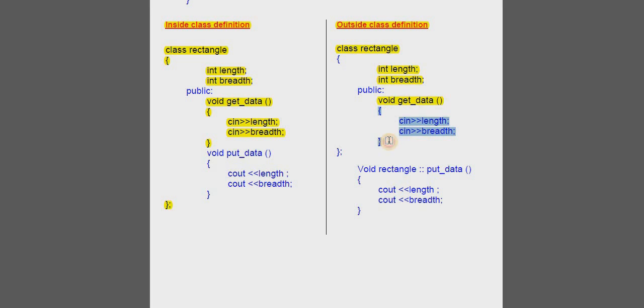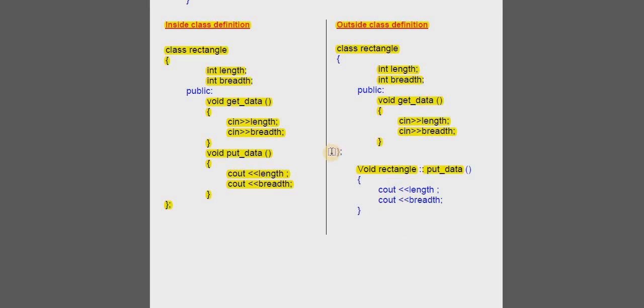Okay, and this is the body of the get data function. सो ये हमने क्लास के इनसाइड डिफाइन किया है. बट ओके, लेफ्ट साइड वाला एग्जांपल में गेट डाटा एंड दिस इज पुट डाटा, टू फंक्शंस है. बोथ फंक्शंस, दोनों फंक्शन का बॉडी हमने क्लास बॉडी के अंदर रखा है. बट इन राइट साइड दिस गेट डाटा फंक्शन इज इनसाइड क्लास एंड दिस वाइड रेक्टेंगल पुट डाटा इज आउटसाइड क्लास.